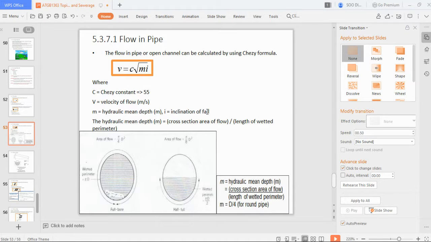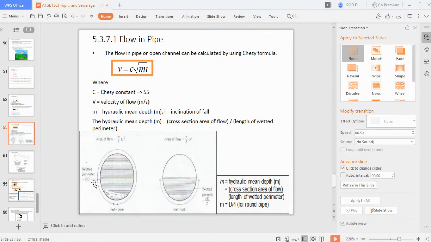I is the inclination of the fall, meaning how steep the pipe is from point A to point B, and m is the hydraulic depth. Hydraulic depth m is equal to the cross section area of flow divided by the length of wetted perimeter.